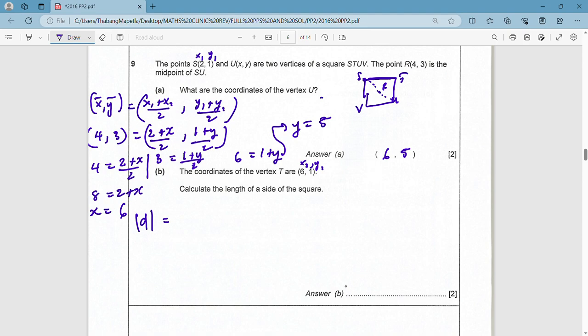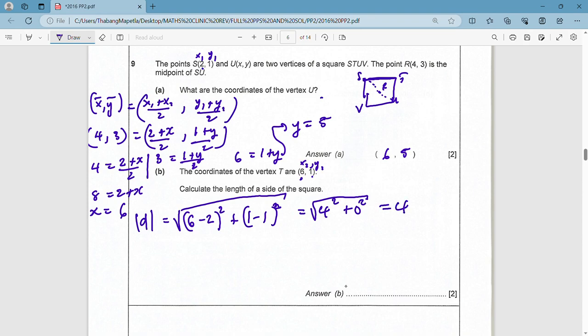So we are going to have the square root of 6 minus 2 squared, plus 1 minus 1 squared. So it's going to be 6 minus 2 is 4, so 4 squared plus 0 squared, square root. So you're going to have root 16, so your answer would be 4. So it's going to be 4 units.